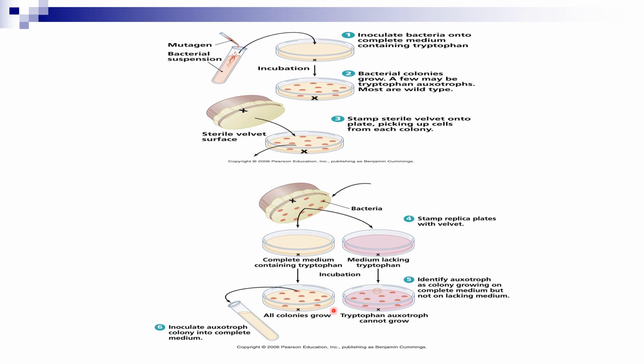Okay, so we can see the difference. Obviously we can't take that missing colony and use it, but we could take it from the complete medium. And we know that that particular colony is mutated. It cannot grow. It is an auxotroph. It cannot grow without tryptophan now being supplied in the environment.